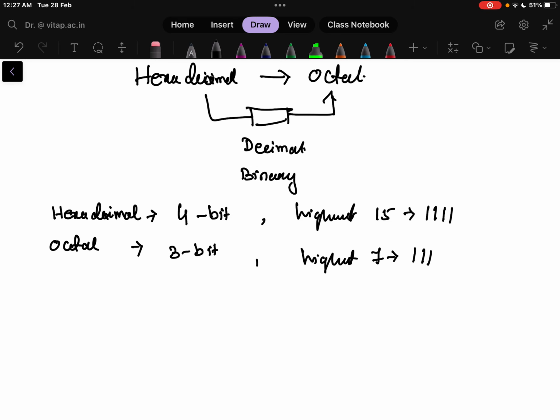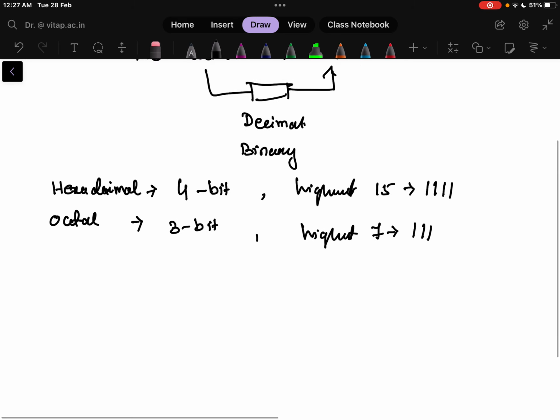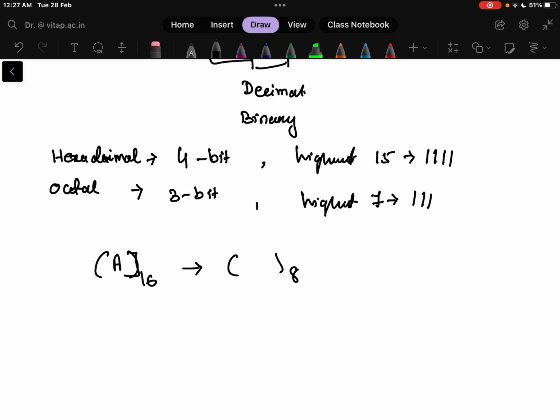Now let us take a small example and then we'll explain how to do the conversion. I'll take A in base 16. What is the equivalent in base 8? So this is the question. We have to represent the hexadecimal number in its 4-bit binary form.